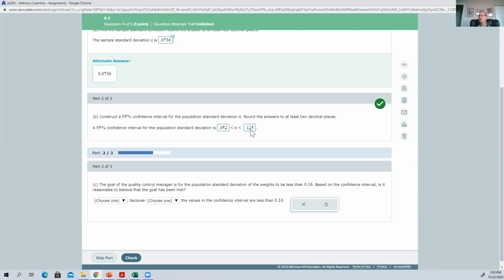Well, our high end's only 0.125, which is quite a bit less than 0.16, right? And so if you think about it, for a 95% confidence level, that's going to be our highest standard deviation. And I think that the quality control manager has met the goal. So this would say yes, because all the values in our confidence interval, and obviously if you look at the high end, are less than 0.16.